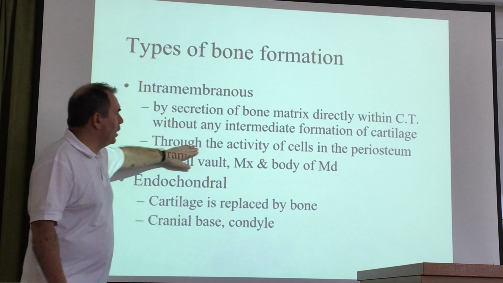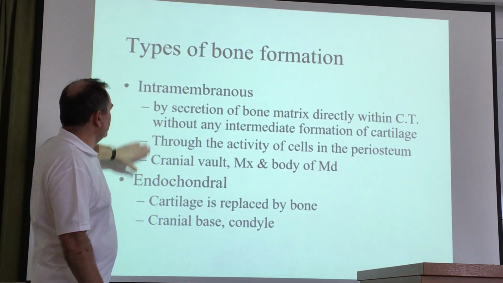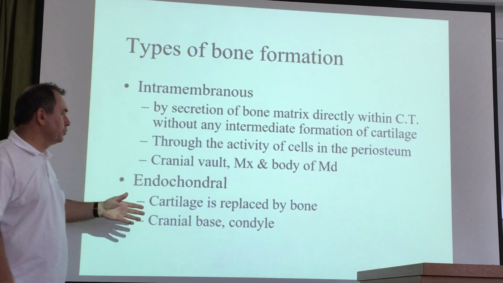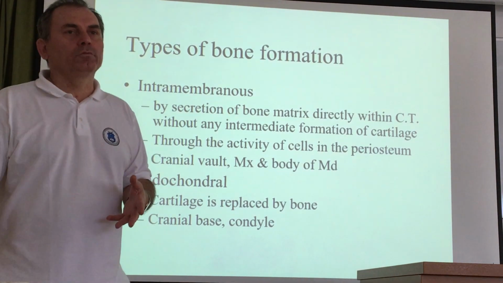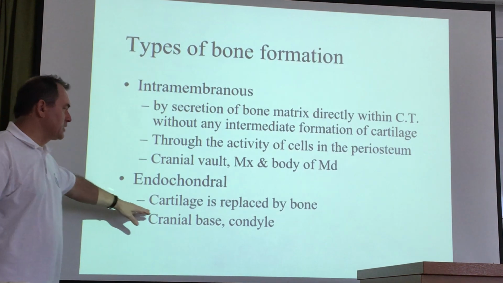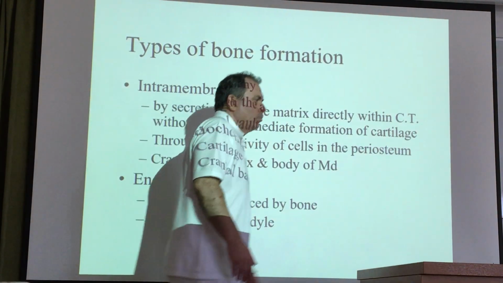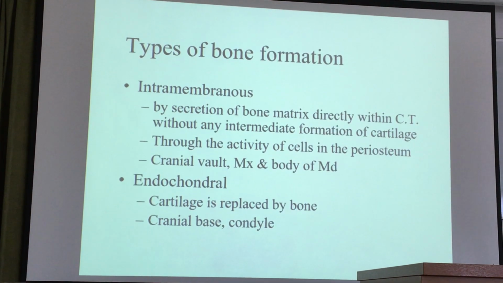And we have these intramembranous and endochondral bone formations. Endochondral means we have cartilage first, and after this the cartilage becomes bone. So at the site of the cartilage, new bone is formed.